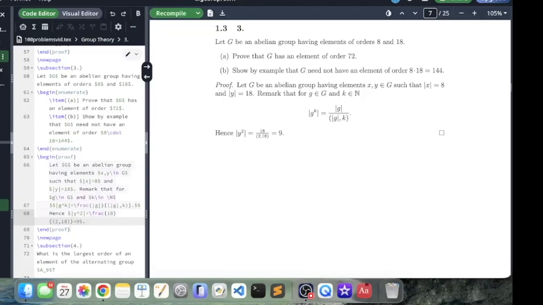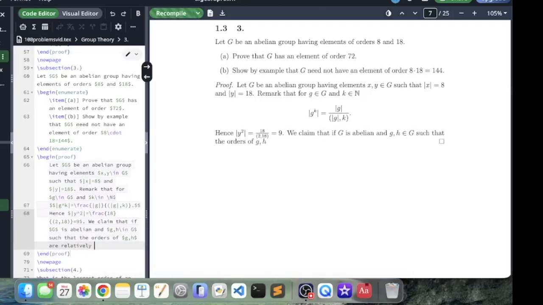Okay, and then I'm going to make a claim. We claim that if G is abelian and g and h are in G such that the orders of g and h are relatively prime, then the order of the product is equal to the product of the orders.